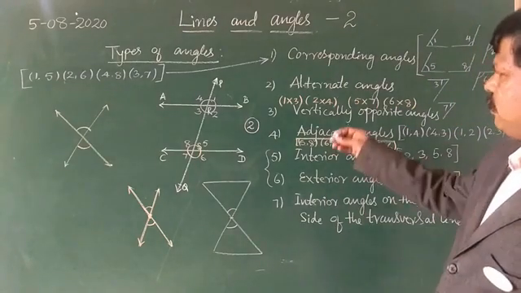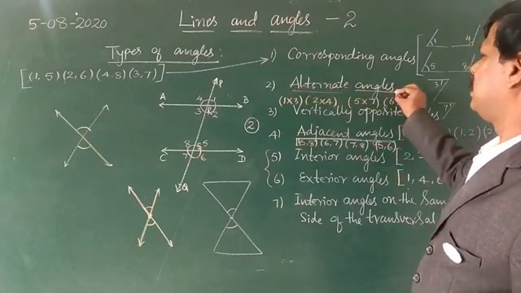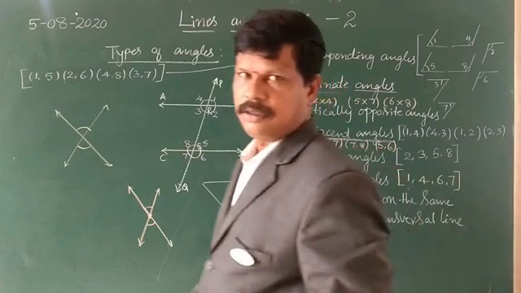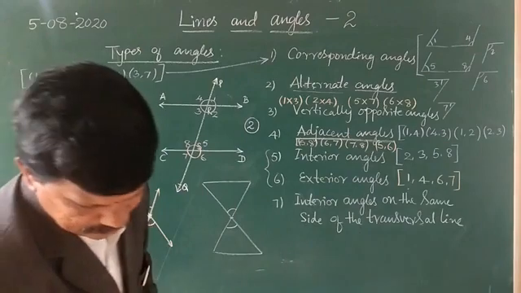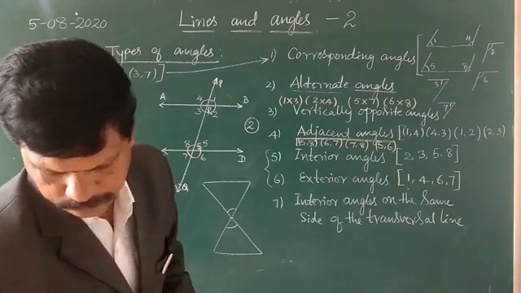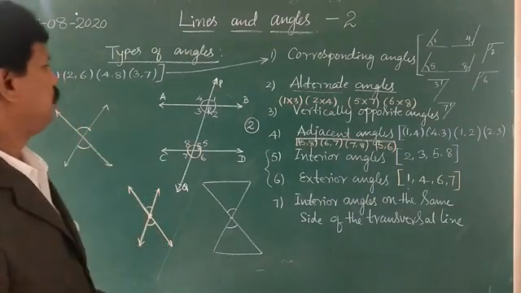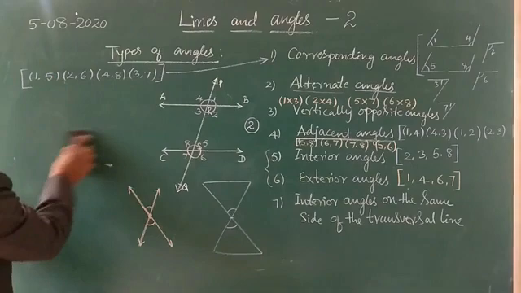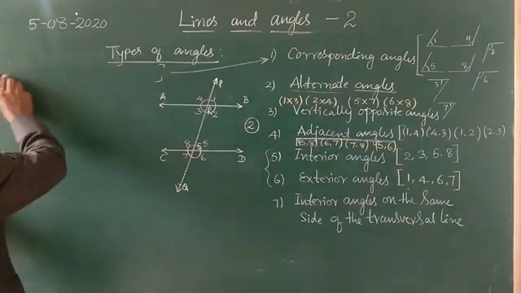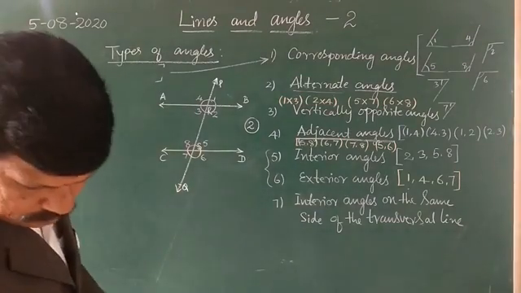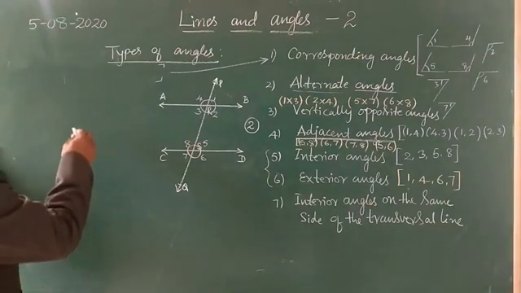Then, after vertically opposite angles, now move on to alternate angles. See, alternate means what? Substitution, one in place of another. Here, now I am taking the alternate angles. Look at this.